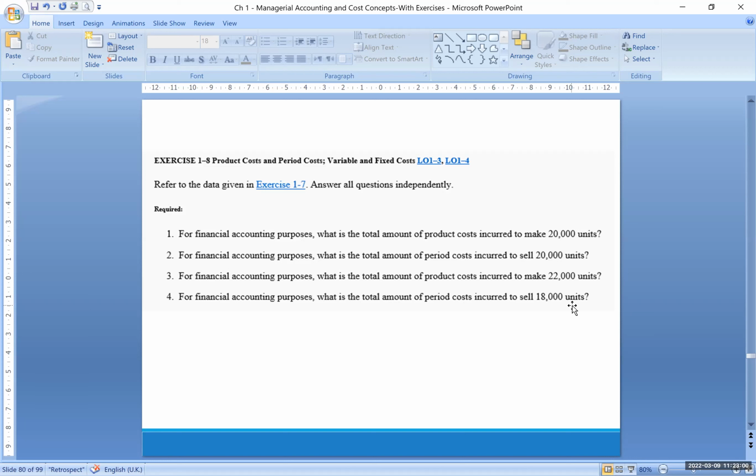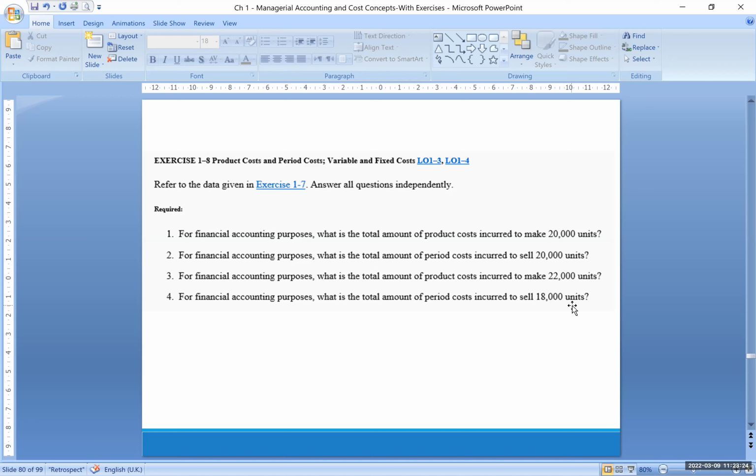The key word here is what? Product cost. So you are trying to accumulate the costs related to the products. If you want to make a product, what are the costs to be added as a product cost, not as a period cost? Okay.